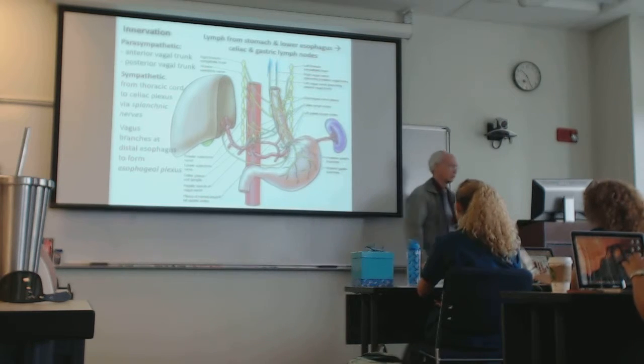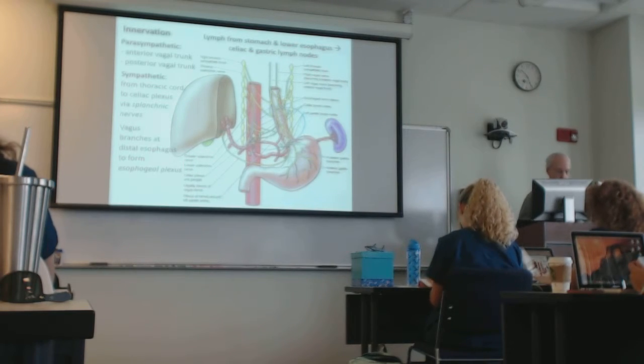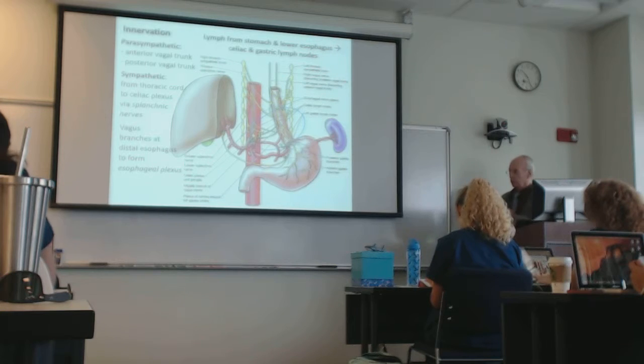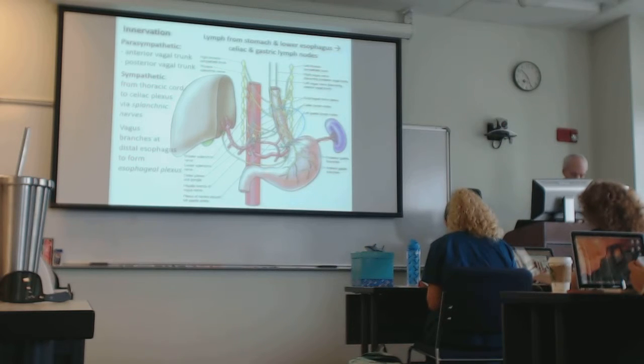And the esophageal plexus is chiefly parasympathetic, but in reality, there is just a confusion of wires in here between the sympathetic and parasympathetic. But at the very least, you should know the origin of the postganglionic cells that we talked about previously.